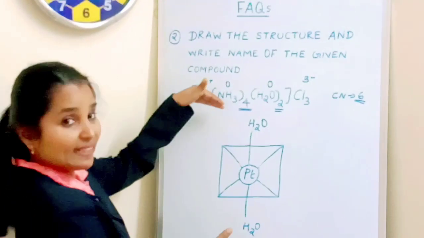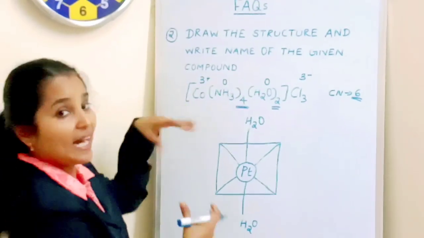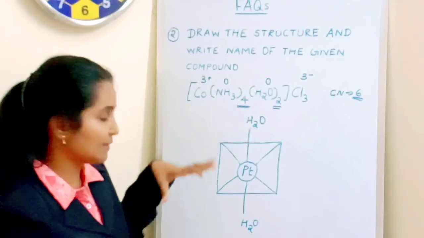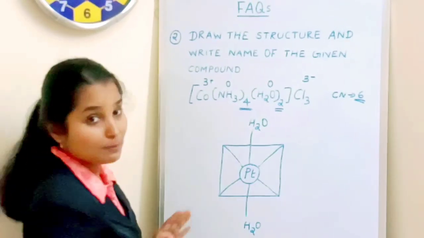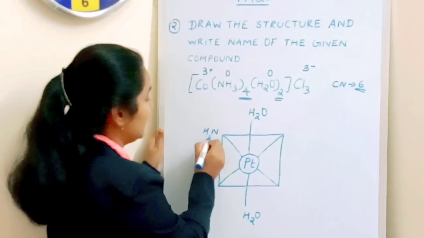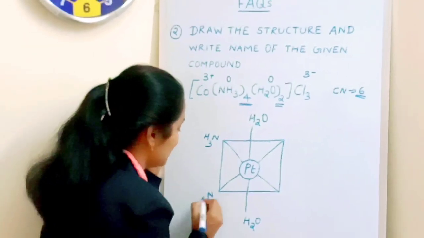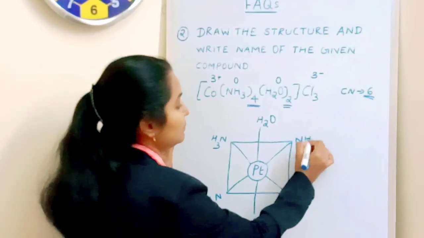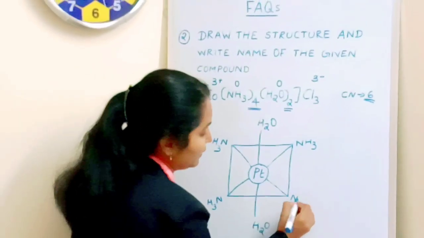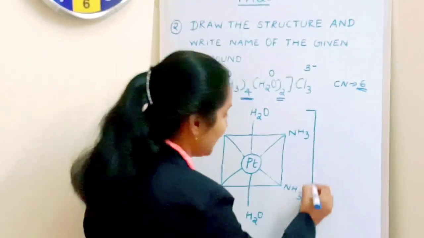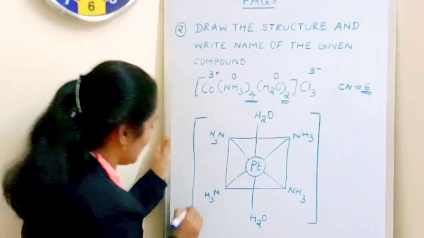So those two ligands are placed as far apart as possible, just opposite, 180 degrees. So that became trans, and the rest of the ligands will be placed in each corner of the given octahedral geometry. NH3 here, NH3 here.